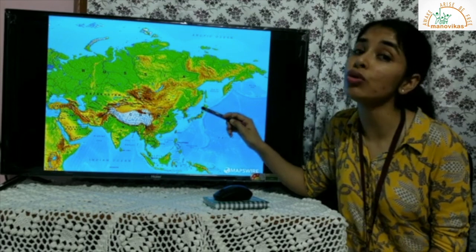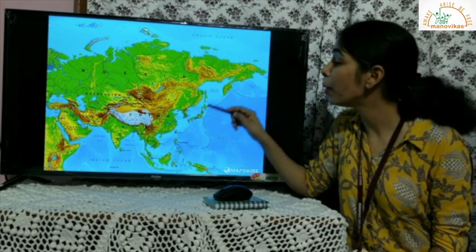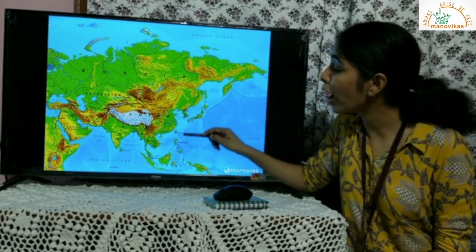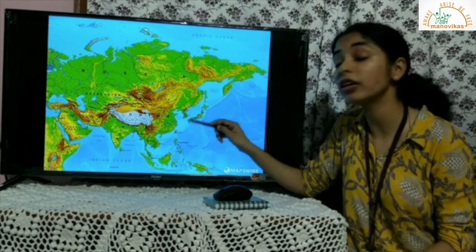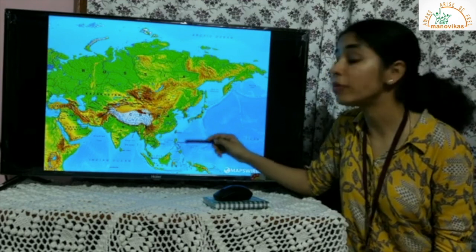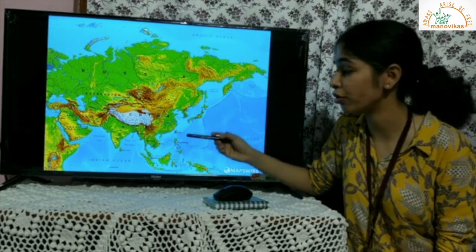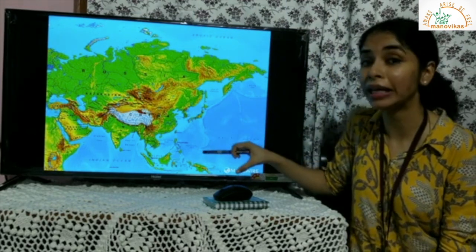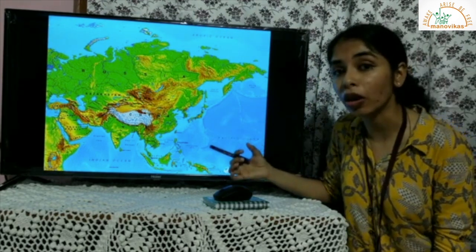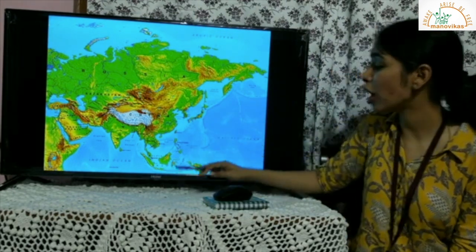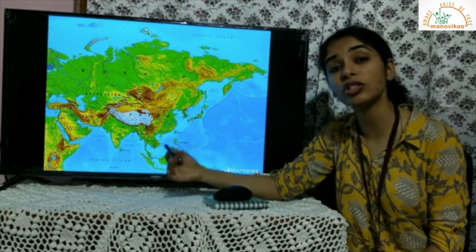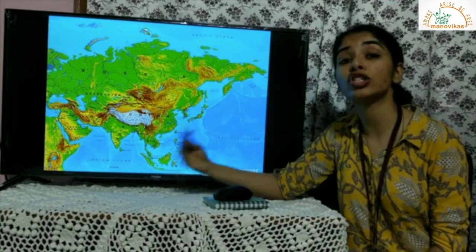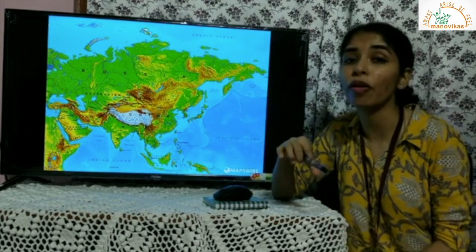Then here you have the famous island of Taiwan, which is also a famous port country. Then you have the Philippines, again a group of many islands. It's an archipelago. And Indonesia, the world's largest archipelago, is located in the Pacific Ocean. An archipelago is a group of islands.